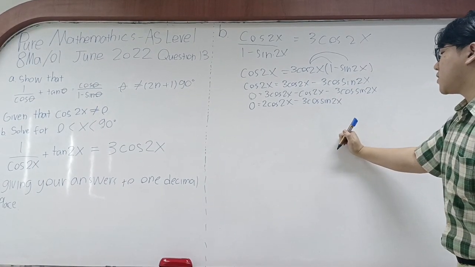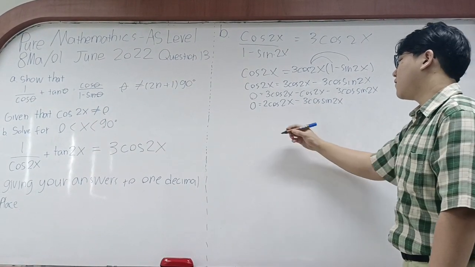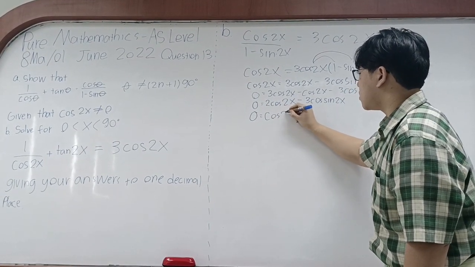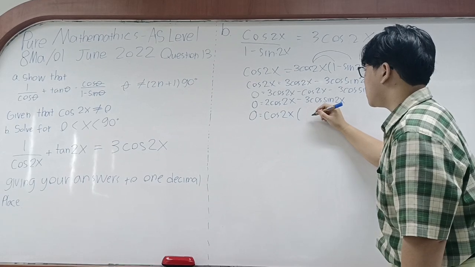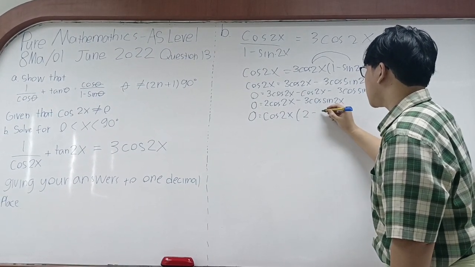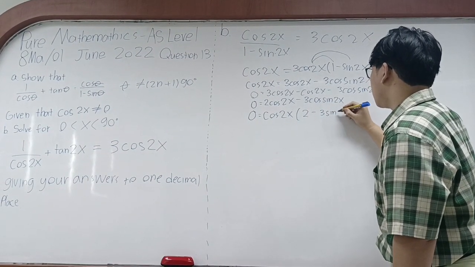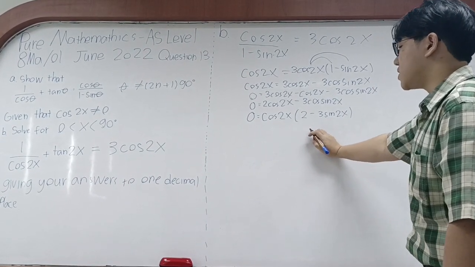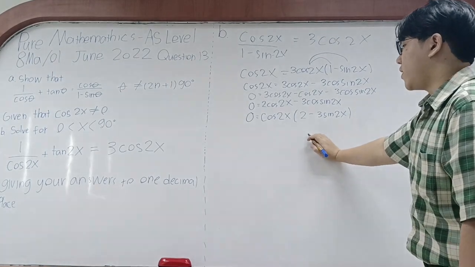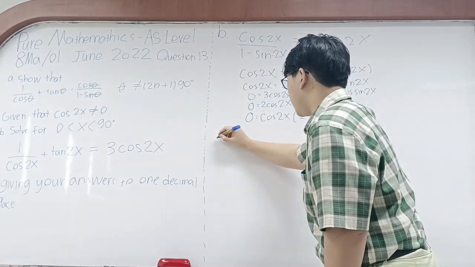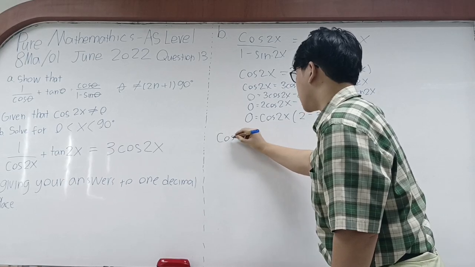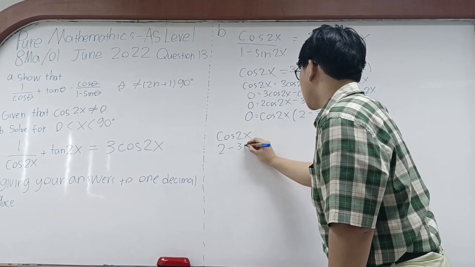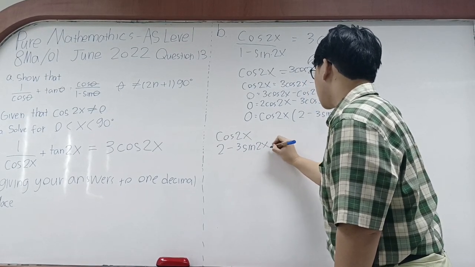Then we can also factor out cos 2x from this equation, giving us 0 equals cos 2x open bracket 2 minus 3 sin 2x. Now this will give us the two possible answers for x, where we're going to either use cos 2x or 2 minus 3 sin 2x.